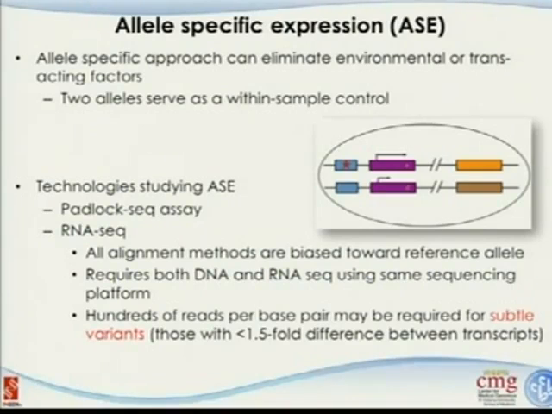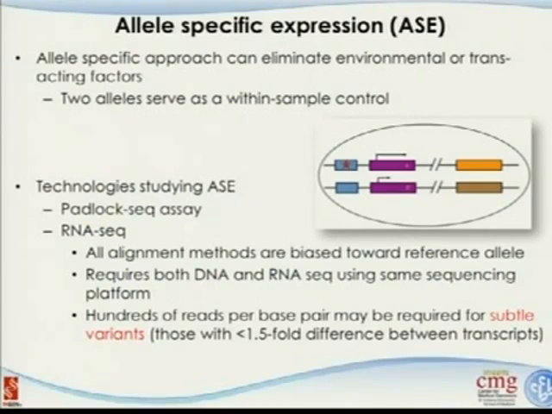For the RNA sequencing, there are some major difficulties. All the alignment algorithms are biased towards the reference allele, and it requires both DNA and RNA sequencing, and hundreds of reads per base pair may be required for subtle variants. By subtle variants I mean less than 1.5-fold differences.